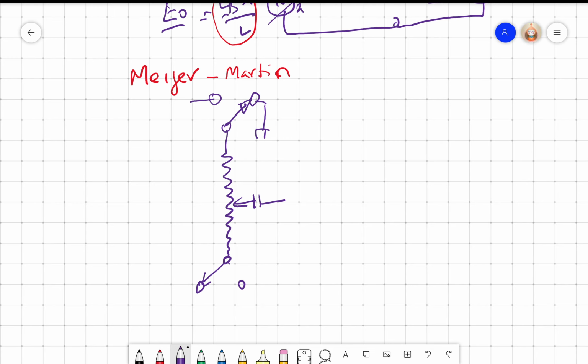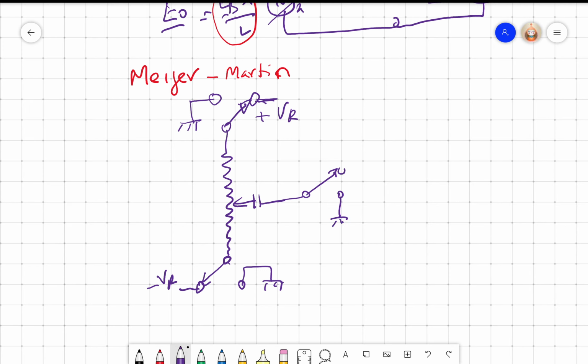I am not drawing it correctly. Okay, this is not correct. So here we give plus VR, this is grounded, and this is grounded. I give minus VR here. Again I put a switch here.